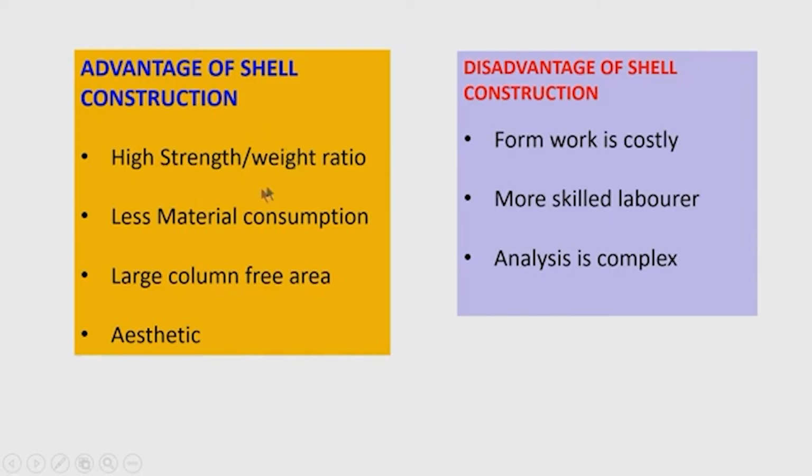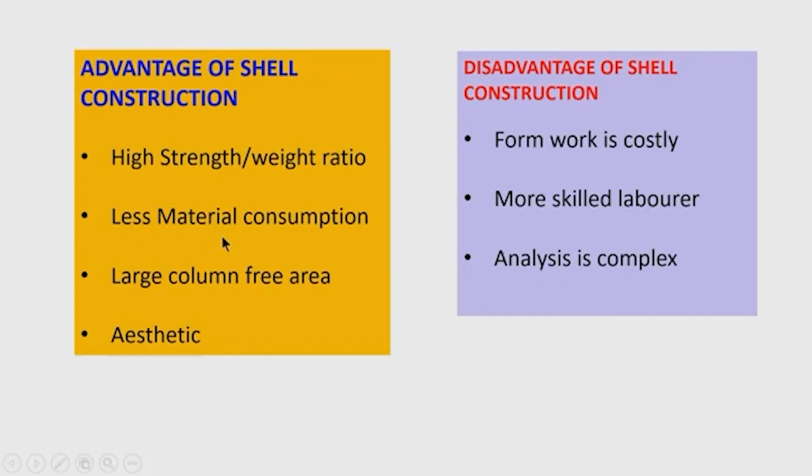So, that is one important aspect of shell structures. The strength weight ratio is very high, therefore, it is preferably used in aircraft structures where weight reduction is the prime consideration.